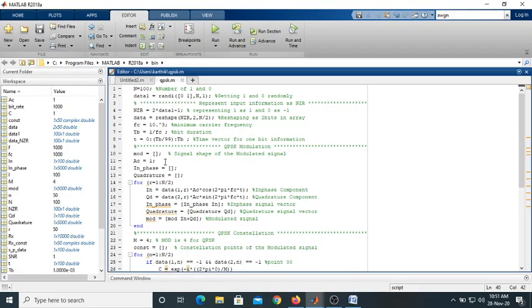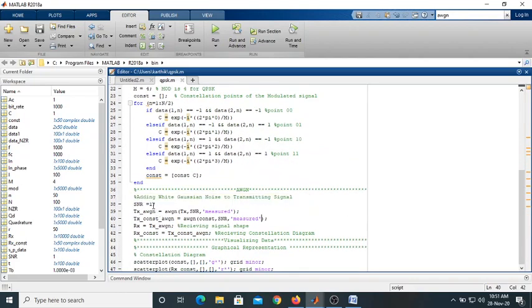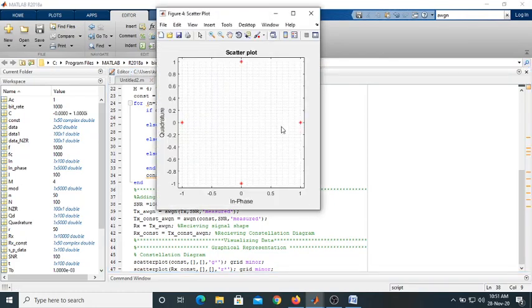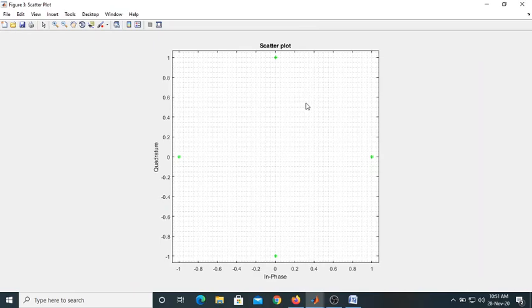So let me take a different SNR. Let me take SNR equal to 100 again. You can see here, SNR equal to 100 means, as I told you already, signal power is more than noise power.